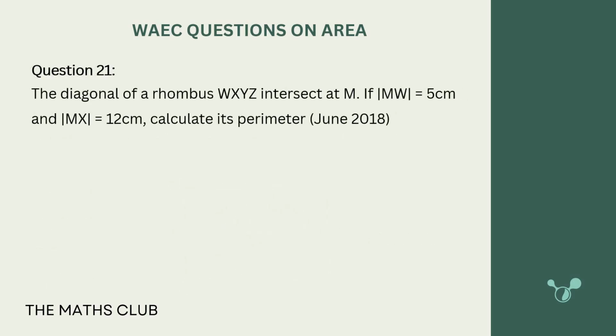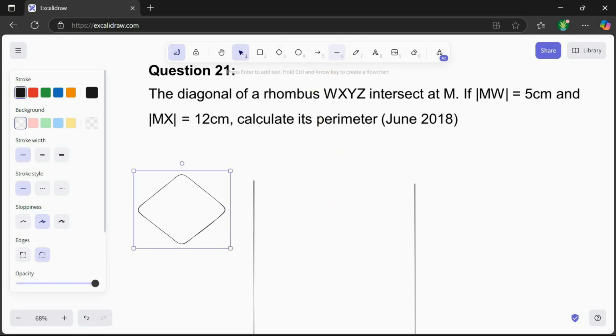Question 1 says that the diagonals of a rhombus WXYZ intersect at M. If MW is equal to 5 centimeter and MX is equal to 12 centimeter, calculate its perimeter. Taken from June 2018. So if this is a rhombus, this is the first diagonal and this is the second diagonal.